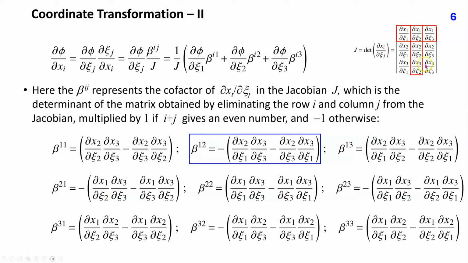This element times this one minus the product of the remaining 2. Because the sum of indexes 1 plus 2 equals 3 is odd, we put the minus sign in front of it. This is now beta 1,2. The complete list of all 9 cofactors is given here.